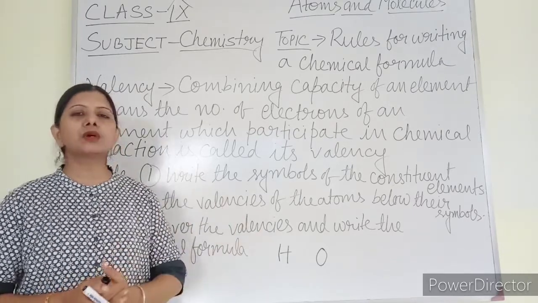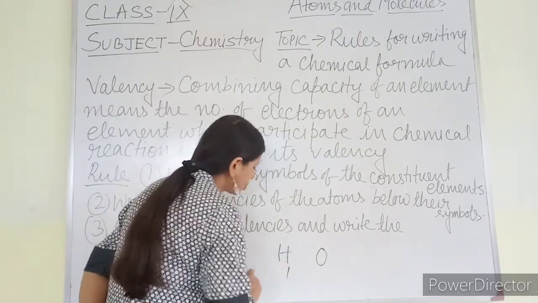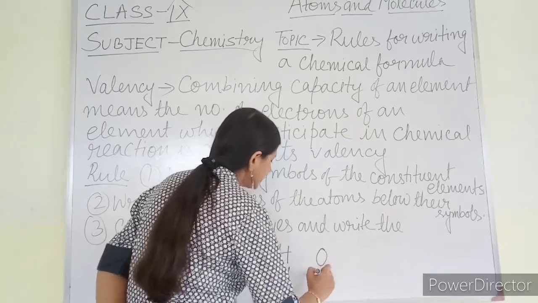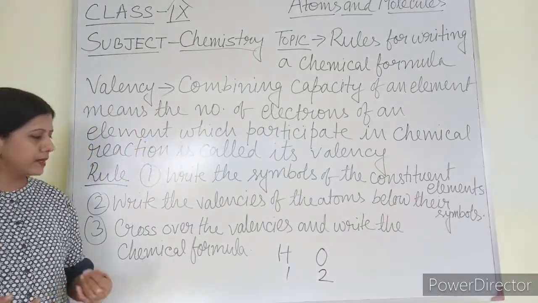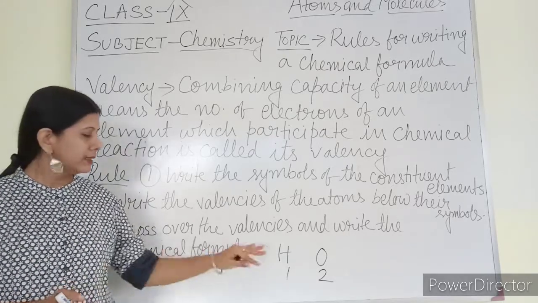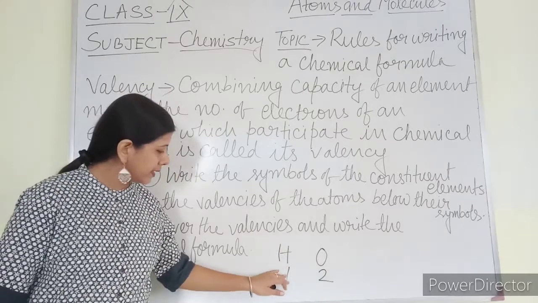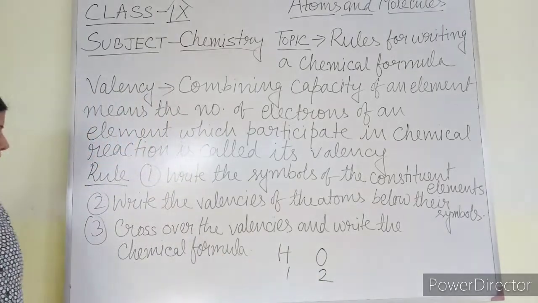But at present you have to learn the valency. So the valency of hydrogen is 1, the valency of oxygen is 2. So the valencies of some common elements and common ions you have to memorize. This is the second rule. I have written the valency of hydrogen below hydrogen and the valency of oxygen below oxygen.